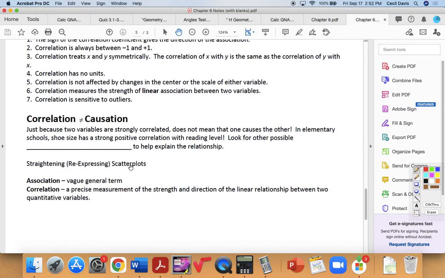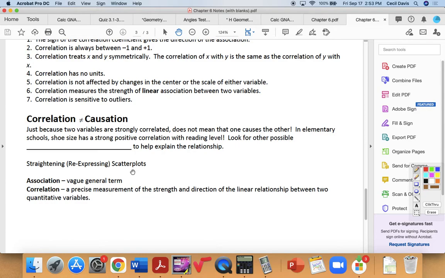So you will read about this at some point about straightening or re-expressing scatter plots. One of the problems we have is that a lot of the way that we analyze, much like when we had a histogram, if it's not unimodal and symmetric, we have problems with that, right? So we may re-express it so that we get something that is more unimodal.